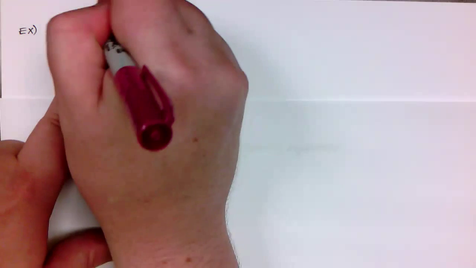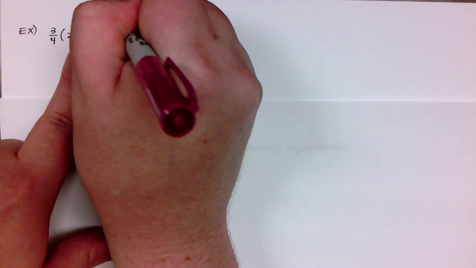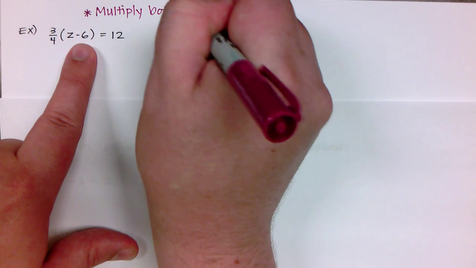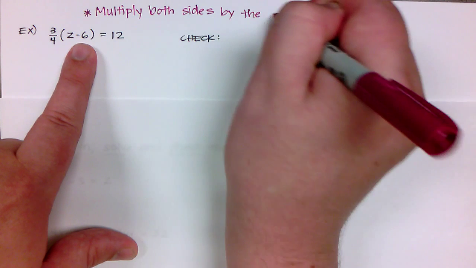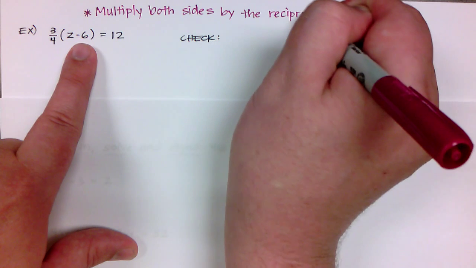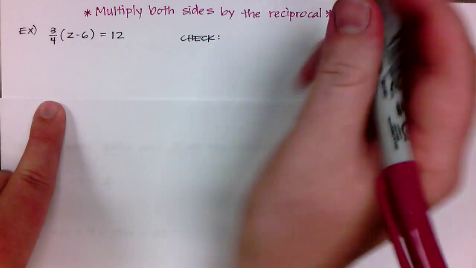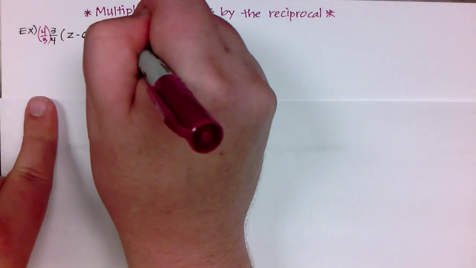So instead, what I want you to do when you see a fraction on the outside is multiply both sides by the reciprocal. That way you don't have to distribute a fraction. So instead of me distributing, I'm going to multiply both sides by 4 over 3.